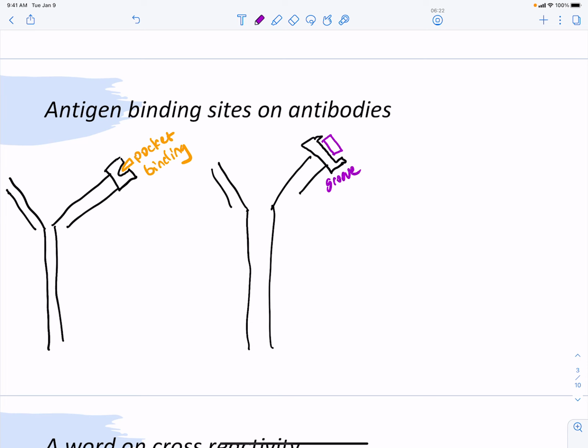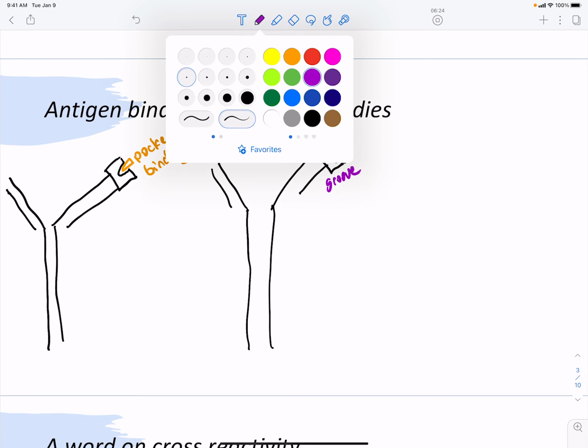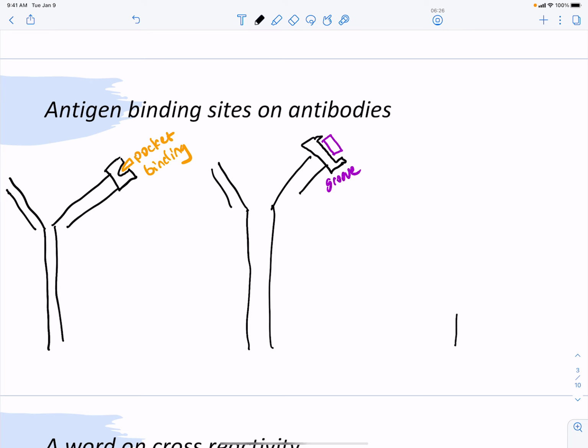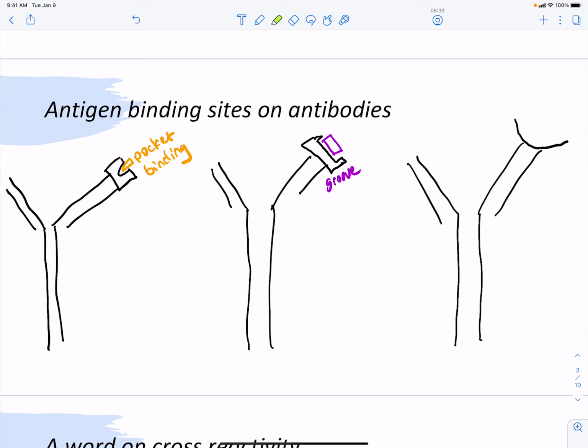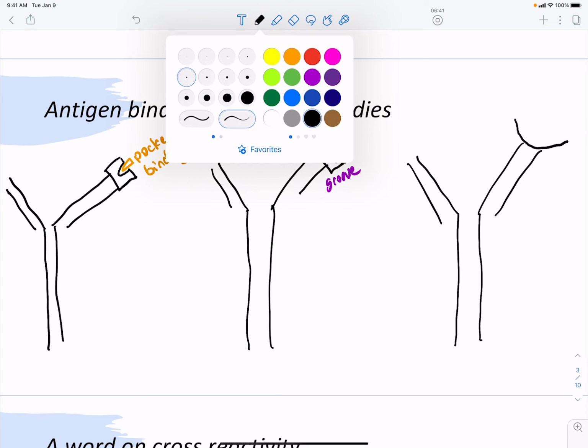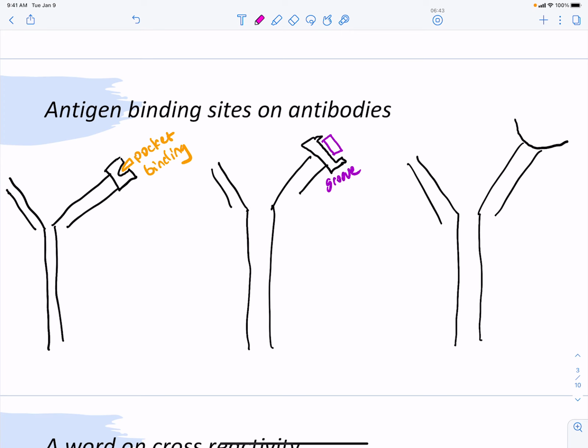And then an extended surface antigen would simply bind to the antibody, or an antibody would be able to bind to it that is able to bind to the extended surface. So it would be a much larger antibody binding groove. And here's our antigen that binds to that. And so this is an extended surface.